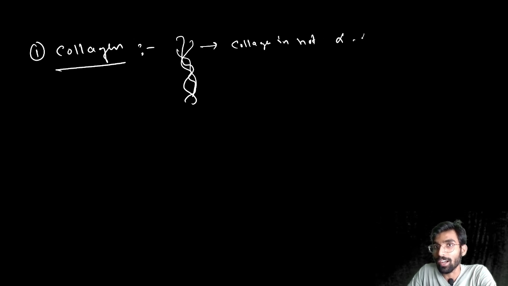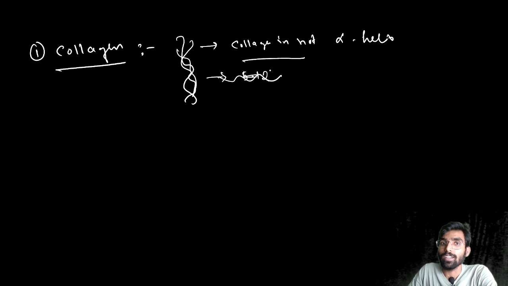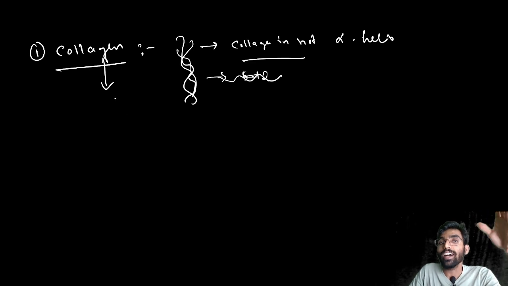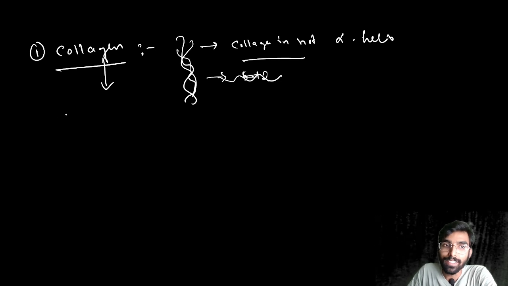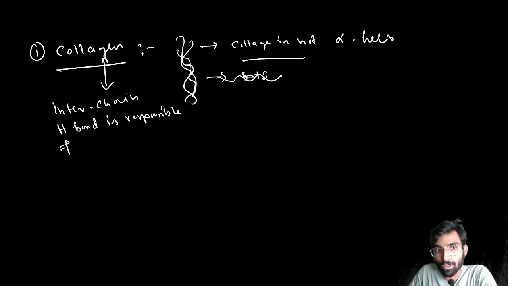You have to remember the pitch, sorry, I might be confused. In collagen, the most important thing is that three chains are interconnected to each other, and the interchain hydrogen bond is responsible for the stability of collagen.